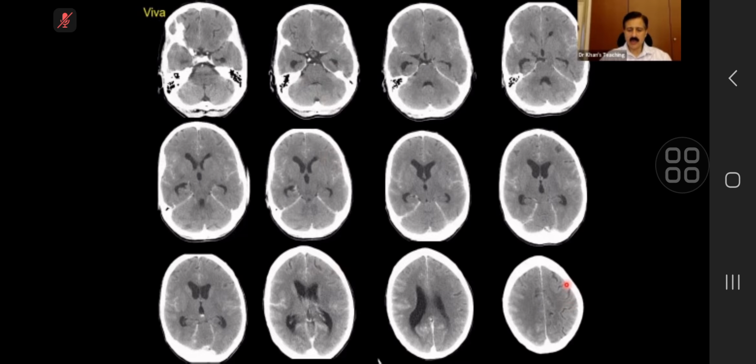Look at these sulci, these are effaced, meaning more edema on this side. Then you come to the differential, which can include things like TB or fungal infections or carcinomatosis. We'll come back to similar cases in infection.